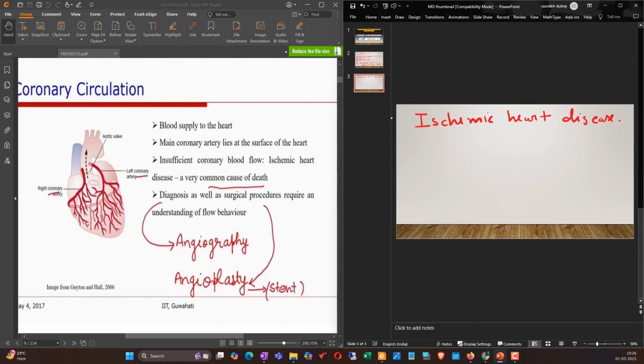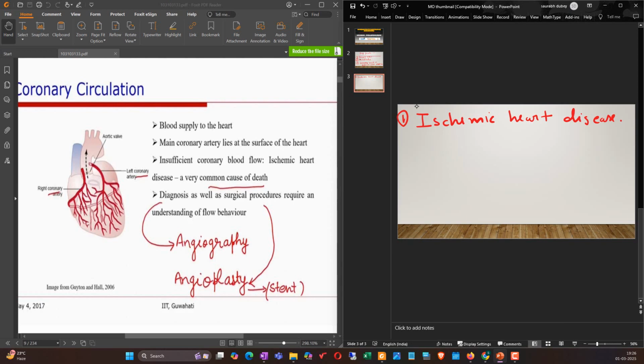Now if you see here, the main coronary artery lies at the surface. Diagnosis as well as surgical procedures require an understanding of the flow behavior.